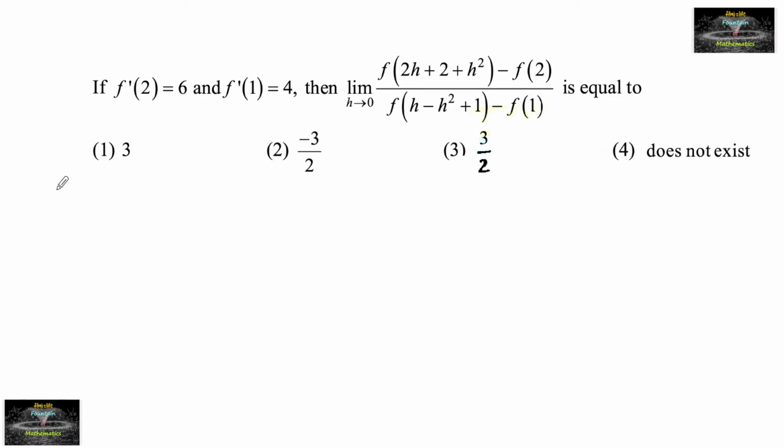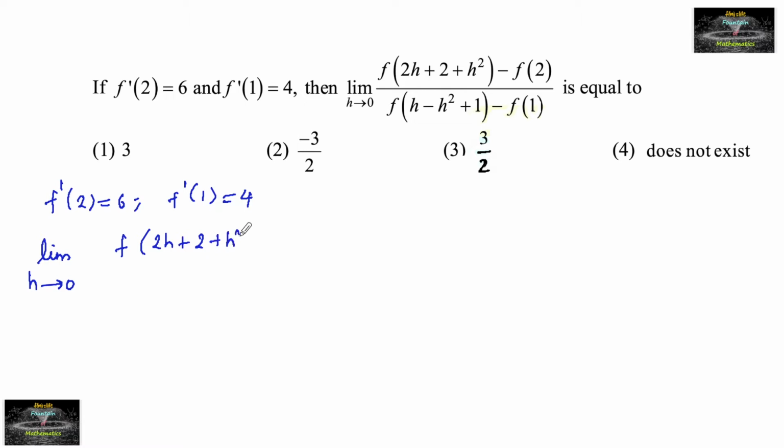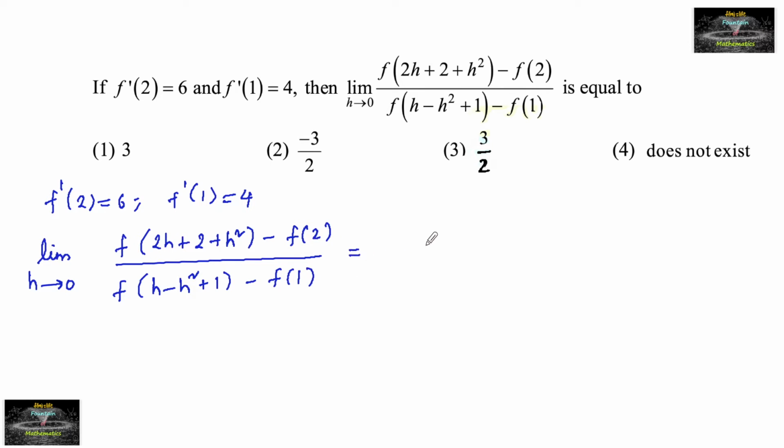Given f'(2) = 6 and f'(1) = 4, find the limit as h tends to 0 of [f(2h + 2 + h²) - f(2)] divided by [f(h - h² + 1) - f(1)].